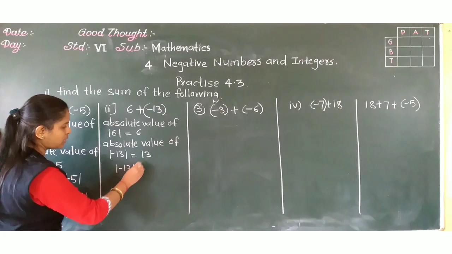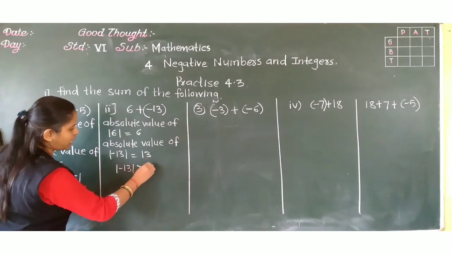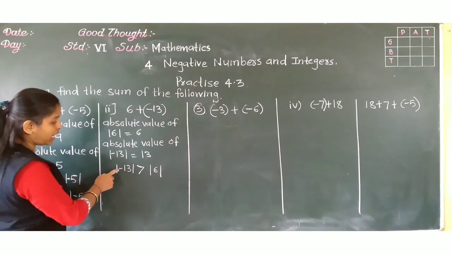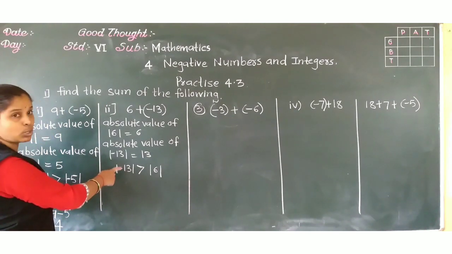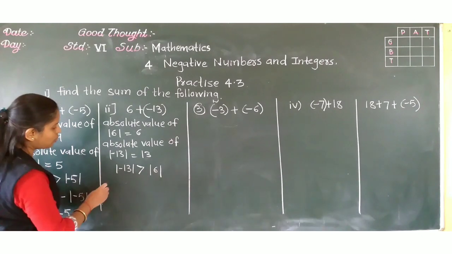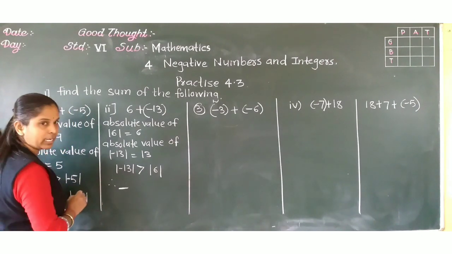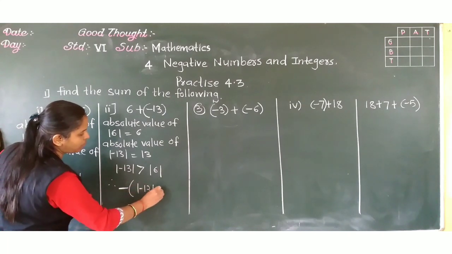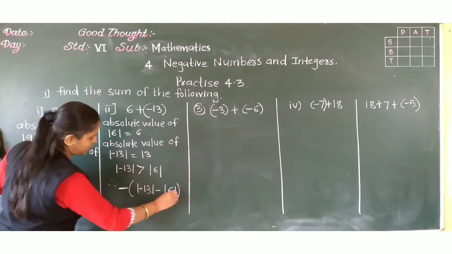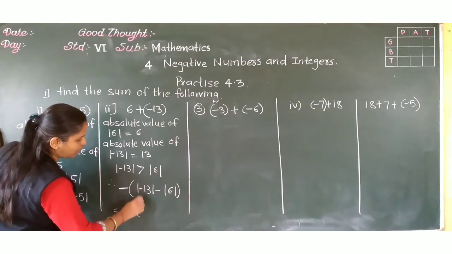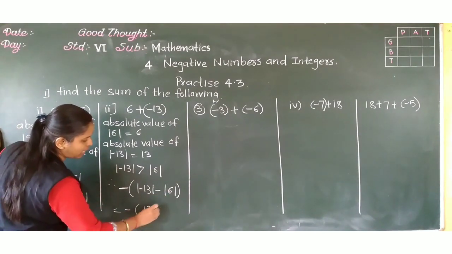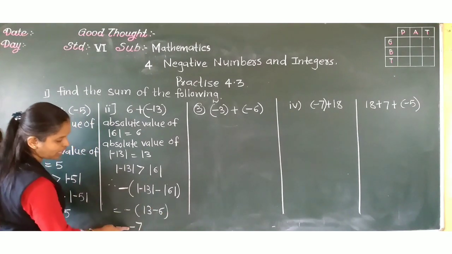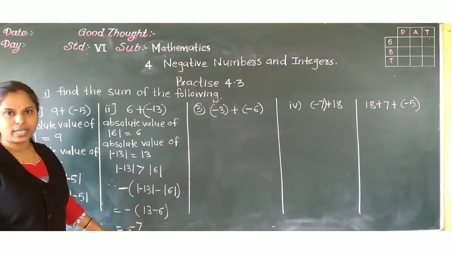It is greater than the absolute value of 6. So the answer will be negative, because the negative number has the greater absolute value, correct? That negative sign we take outside, and inside, 13 minus 6 is how much? 7. So the answer is minus 7.